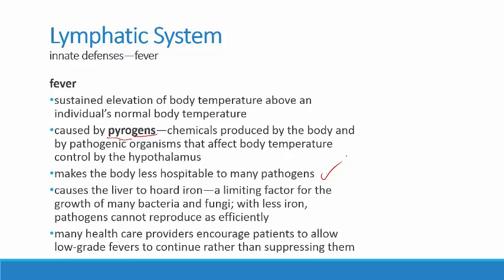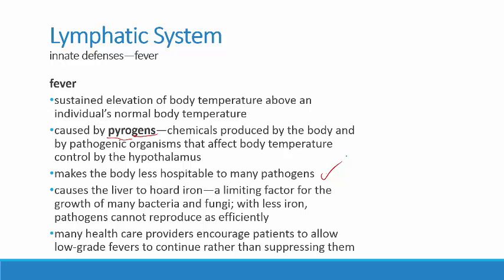Fever also causes the liver to take up any iron that's free in the blood. And frequently, iron is a limiting growth factor for bacteria and fungi. And so with less iron, this sequestering, as the term is used, this hoarding of iron in the liver, makes it harder for pathogens to reproduce efficiently.